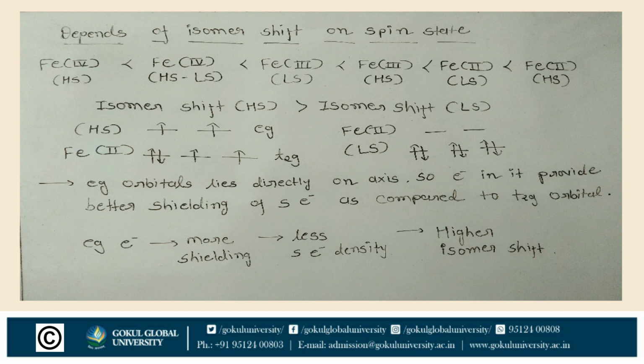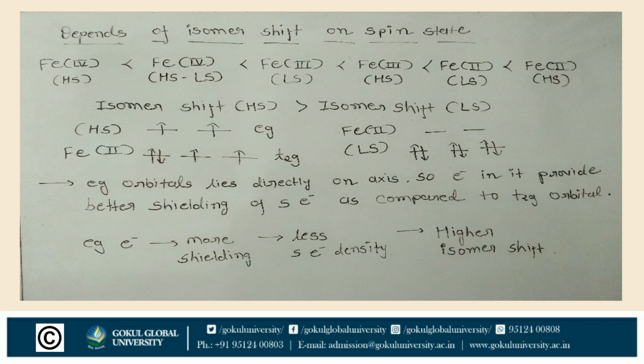While in the high spin state, the electrons are also present in the Eg orbitals, and we know that the Eg orbitals lie directly on the axis, while the T2g orbitals are present between the axes. So the electrons in them lie directly along the axis line, and provide better shielding of s electrons as compared to the T2g orbitals.